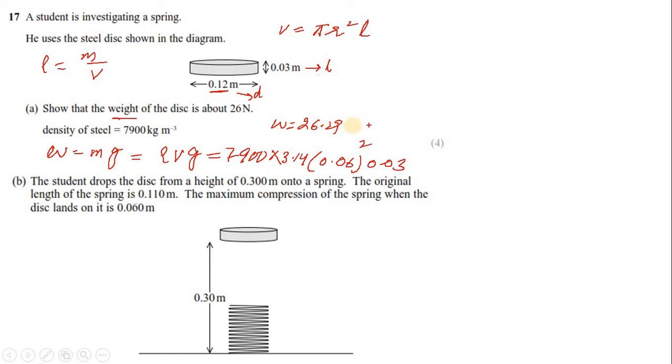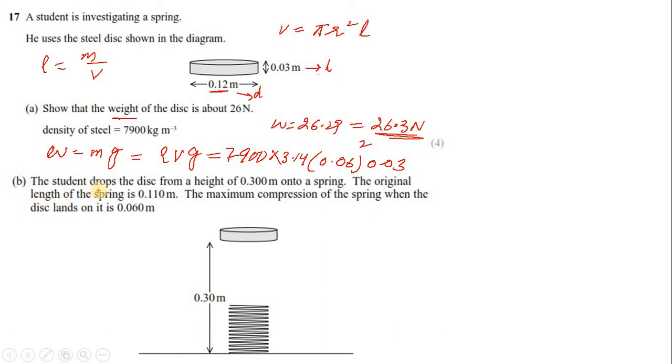You can round it off to 26.3 Newton. This is how you find the weight. You can also find the mass separately first and then use mg. It's up to you. So this is the weight, 26.3 Newton.